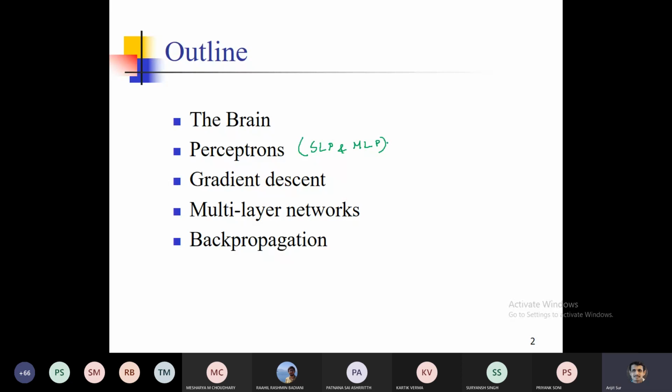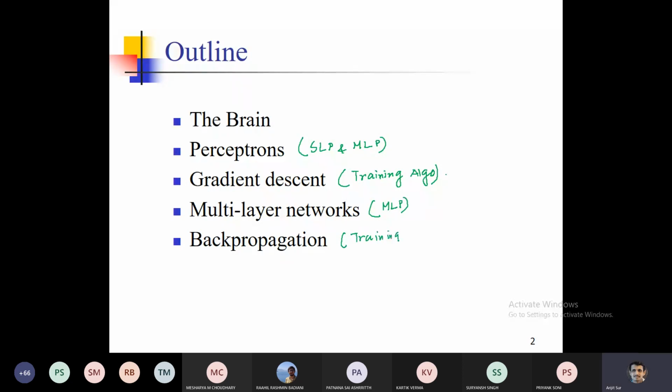Then we try to understand what the training algorithm is. This is the training algorithm for a very simple neural network. Mainly, first we start with SLP, and then we try to find out what the multi-layer perceptron is, what its advantage is, and then its training.